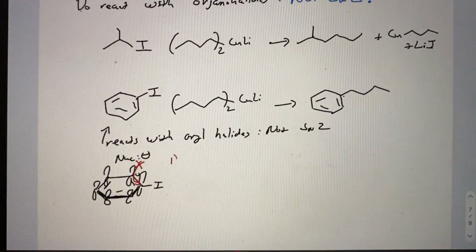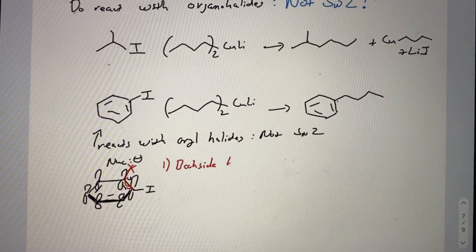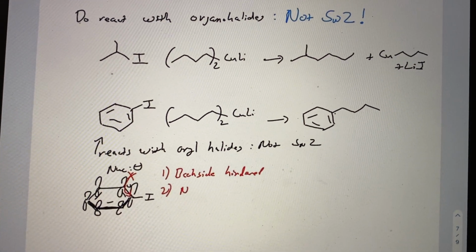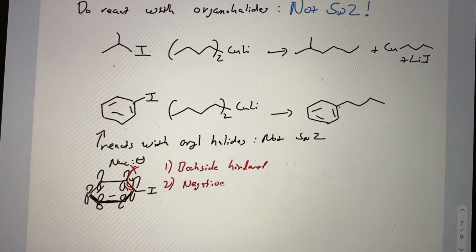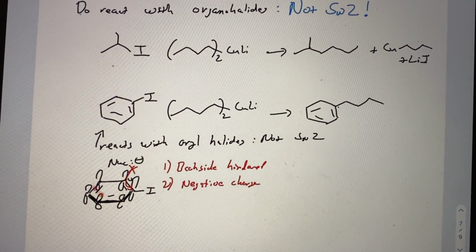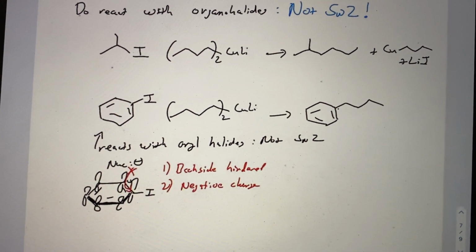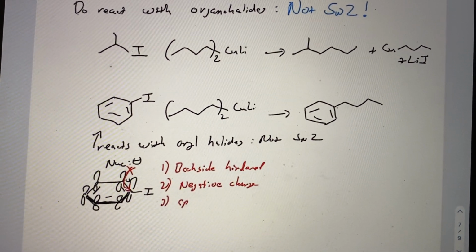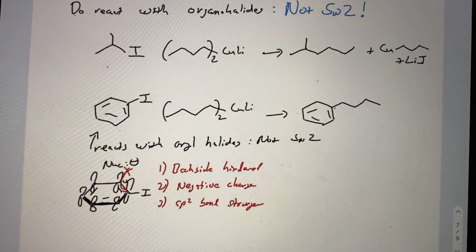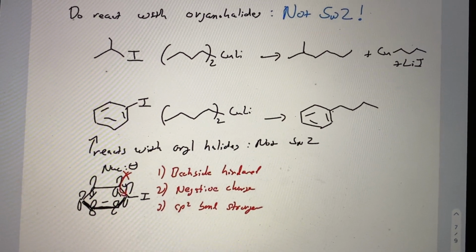So one, the backside is hindered. Two, there's all this negative charge around. You have all of these pi electrons in the pi cloud here, and that's going to repel the nucleophile. And then last is that the sp2 bond is stronger. So all of these things are why you didn't see SN2 reactions on something like a benzene ring.